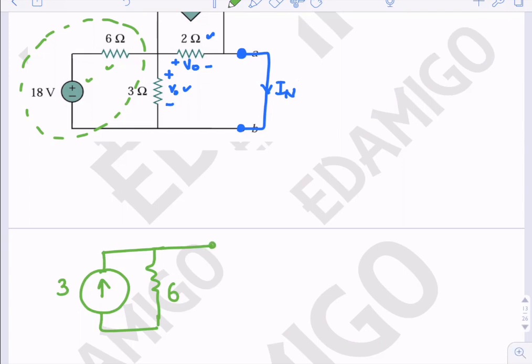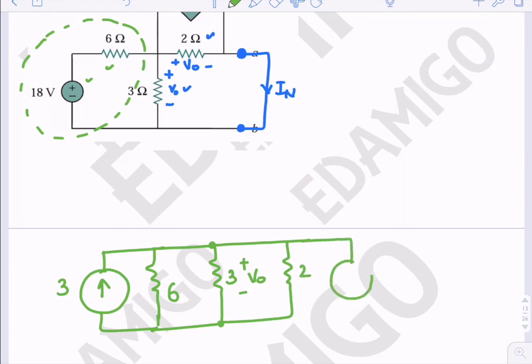Now since 3 and 2 ohm resistance are in parallel, so it is 3 minus V0 by 2, 0.25 V0.